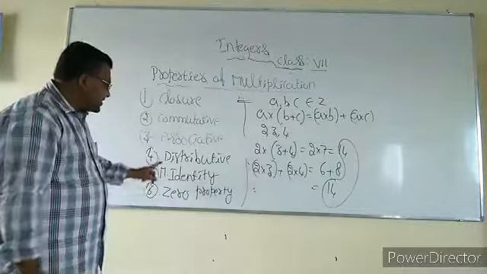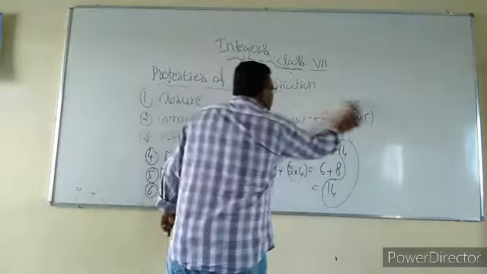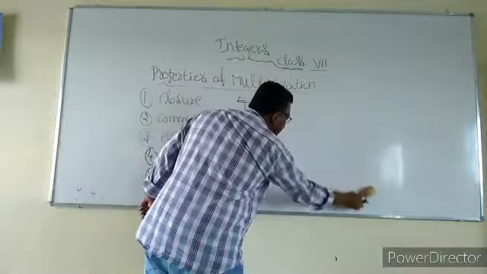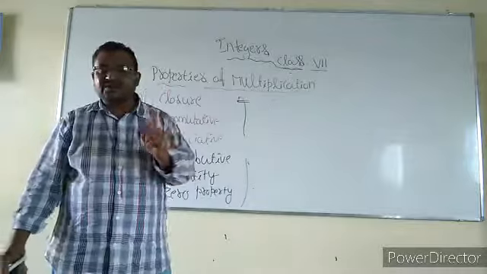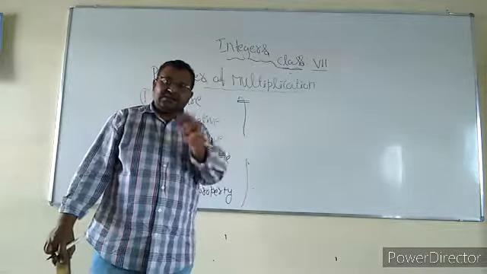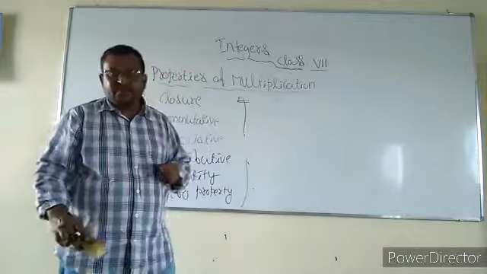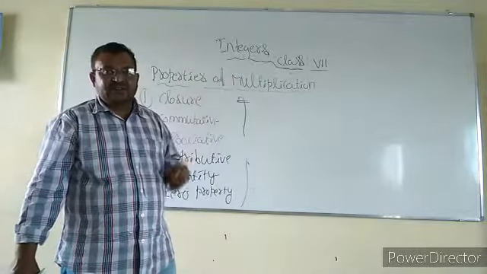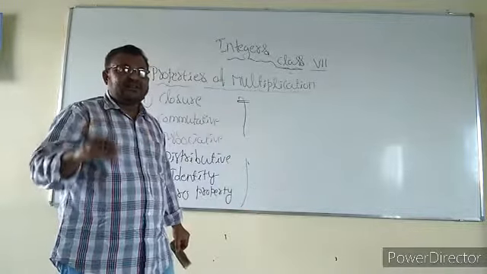And the next one is the multiplicative identity. Identity means same to same. In addition, by what number do we have to add to get the same number again? I told you 0. 2 plus 0, the same number 2 will come. 5 plus 0, the same number 5 will come. So 0 is the additive identity. In multiplication, by what number do we have to multiply to get the same number?